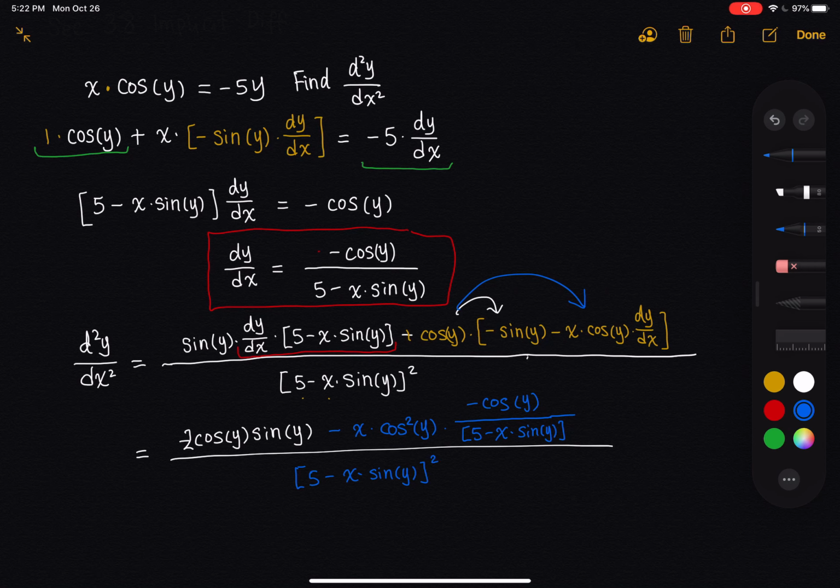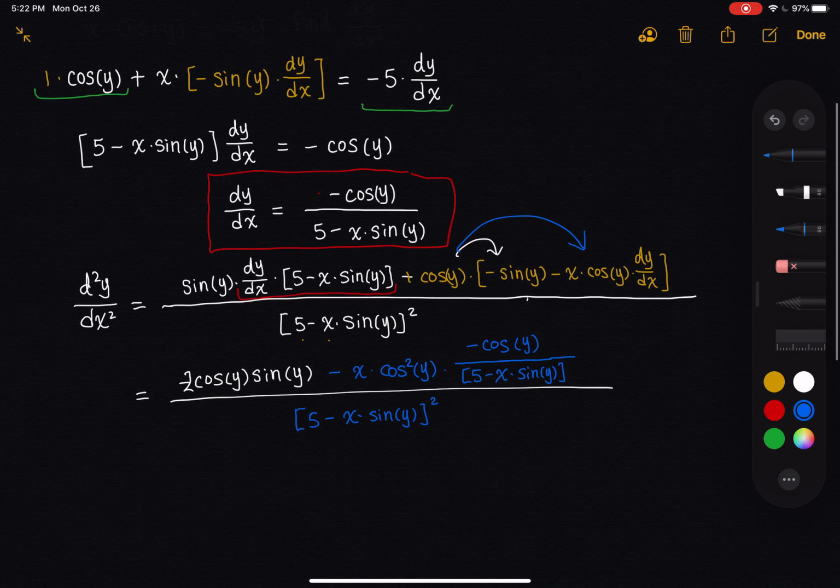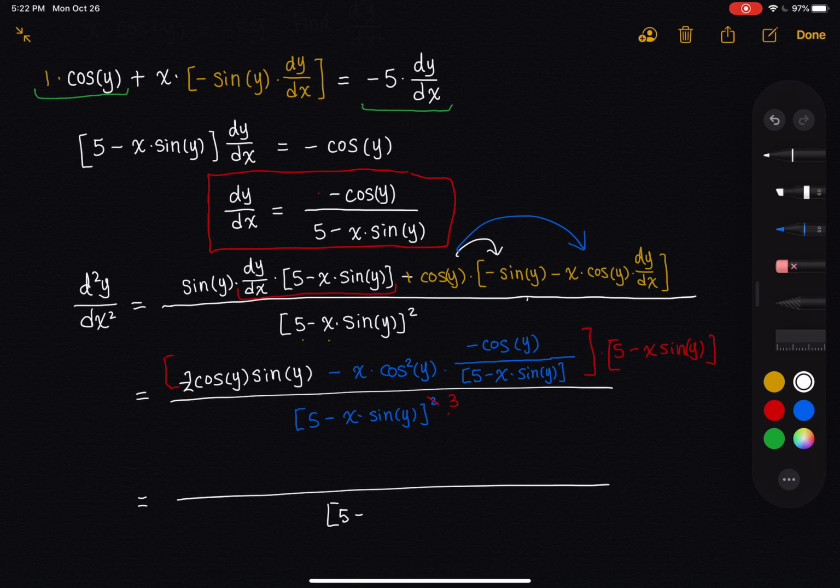Now you can stop here, but we can simplify a little bit more. We will multiply top and bottom by a factor of 5 minus x sine of y. So the square became a cube. Now in the bottom is 5 minus x times sine of y cubed.